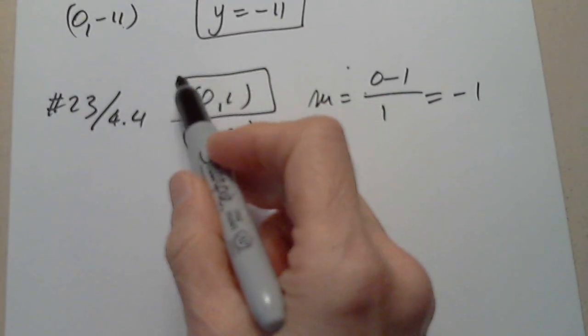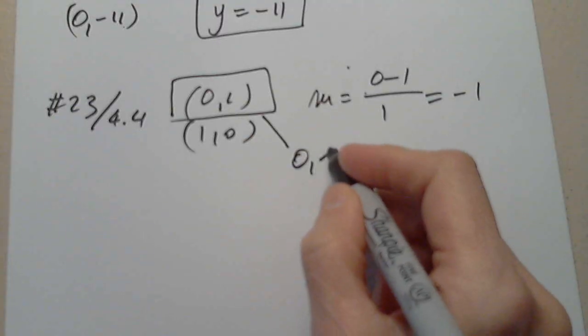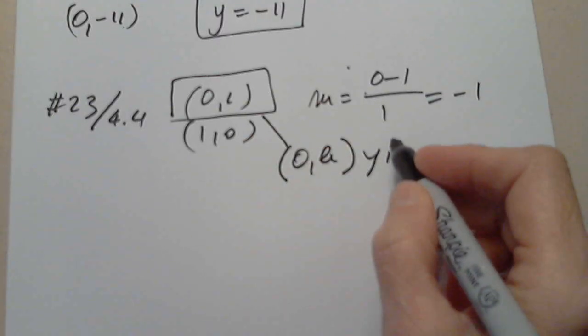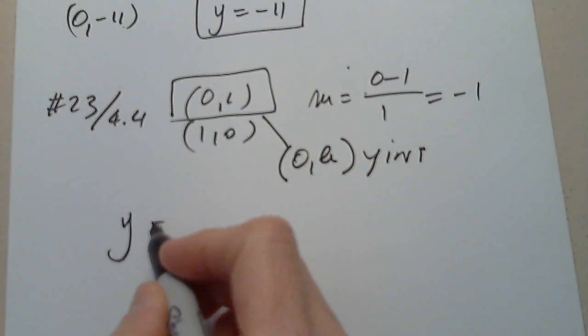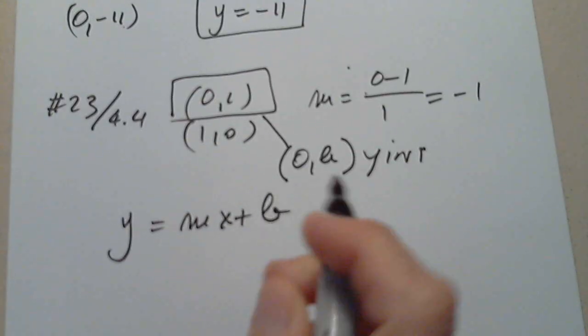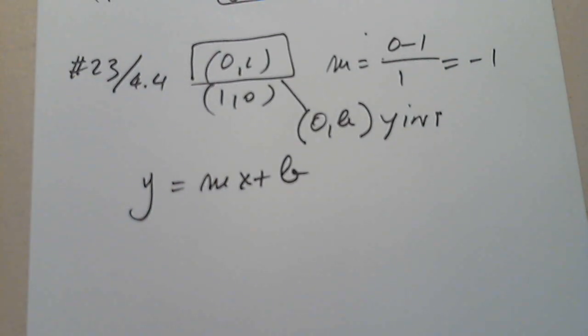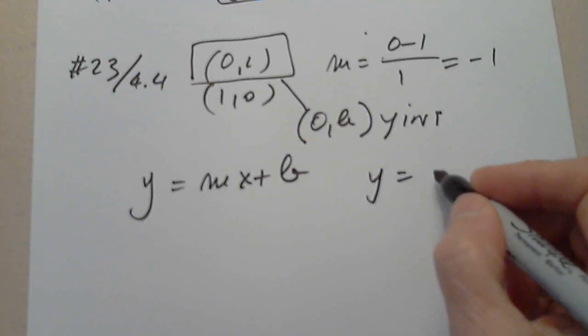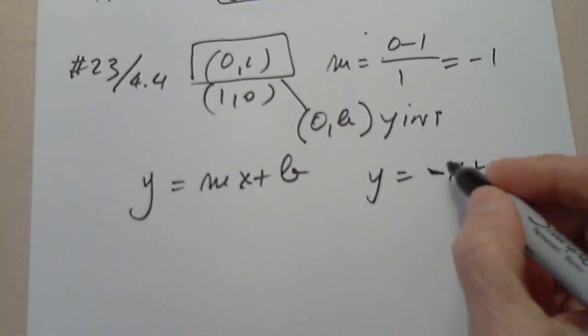Because we have this point, which is 0, comma, a number, which is the y-intercept, we can use y equals mx plus b. We can. So, how do we continue? How do we write the equation of this line? Slope is negative 1, so y equals negative x plus 1. This is it.